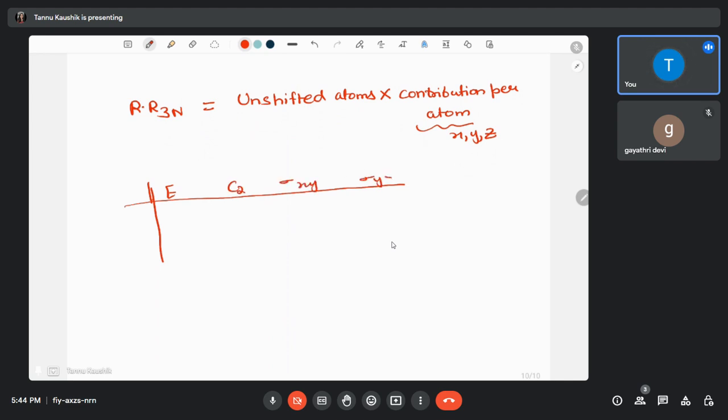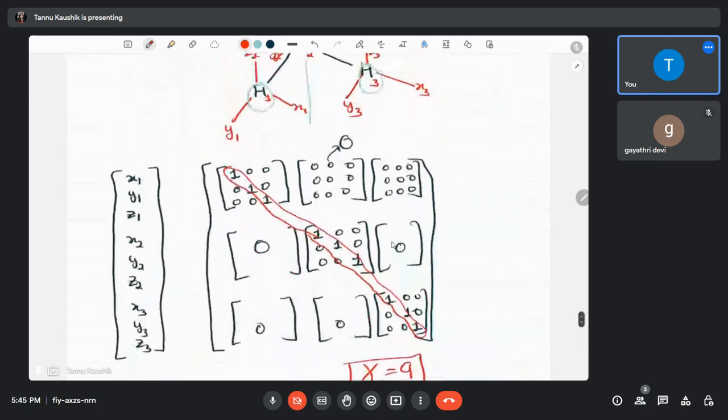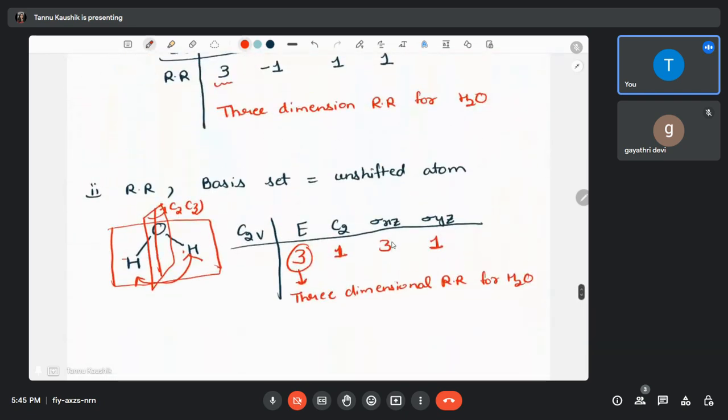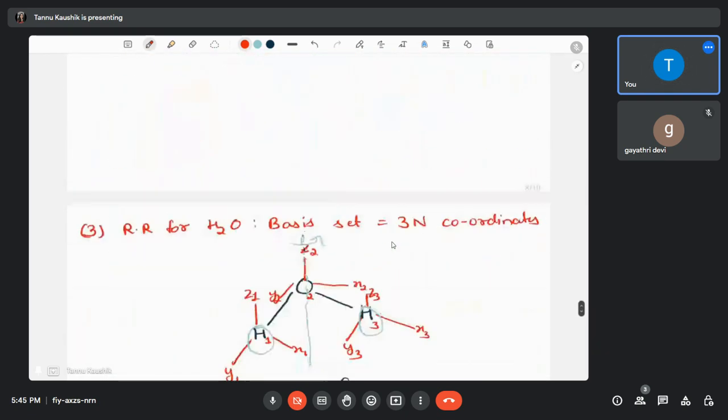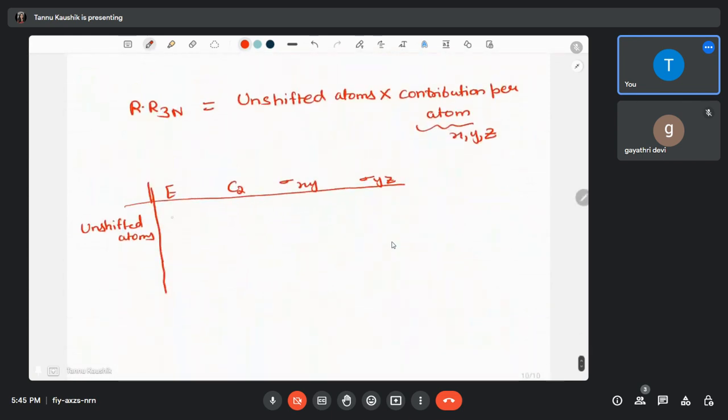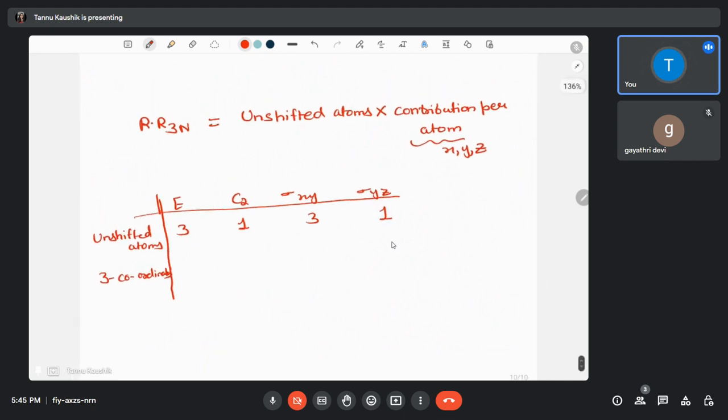Okay, so if I write it here: E, C2, sigma xy, sigma yz. The basis set with respect to unshifted atoms was 3 1 3 1. And for the three coordinates, what are the characters we got?